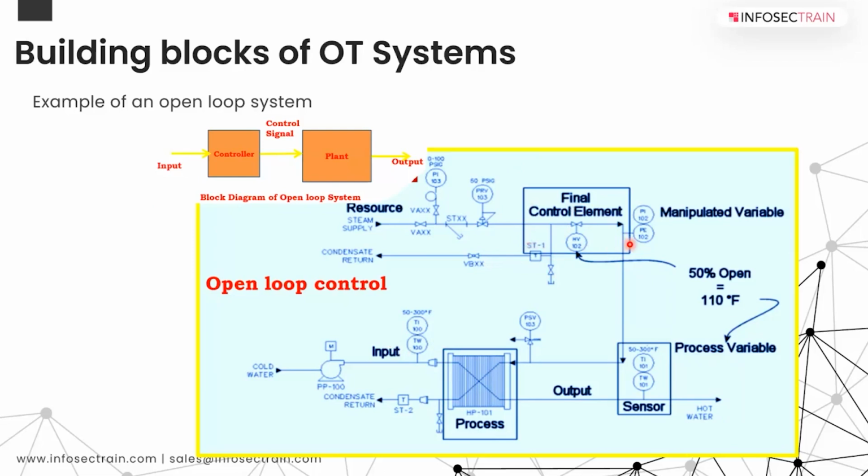This means that output is not monitored and it's not fed back into the input for comparison. So basically, when a command is given to the controller, it sends out a signal to take action, and this controlling signal is put into a process that needs to be controlled. Open loop systems do not have any checks and balances because they don't have a feedback system. So the system is expected to follow the input command no matter what the end result is.